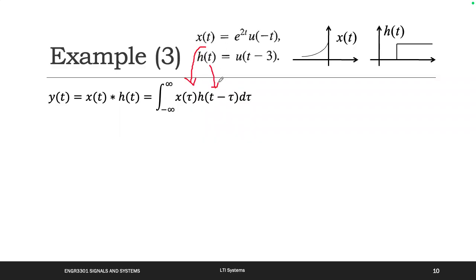But when you put these two here, just pay attention. You need to replace t with tau, and replace this t with t minus tau. So your equation should look like this. There are two taus, u(negative tau), and you replace t with t minus tau. You can get this one.